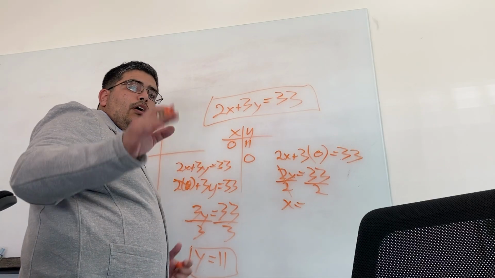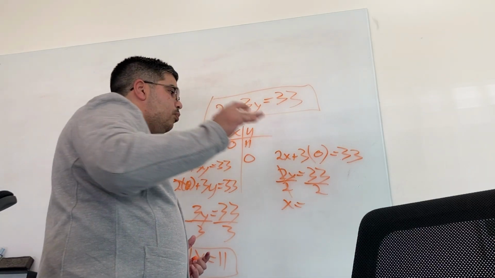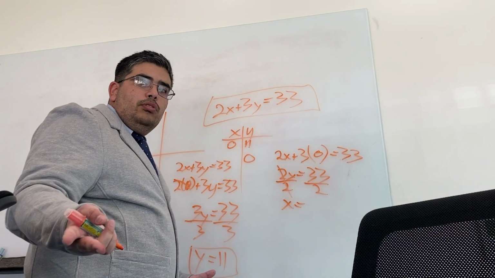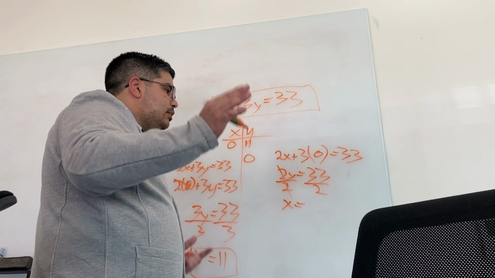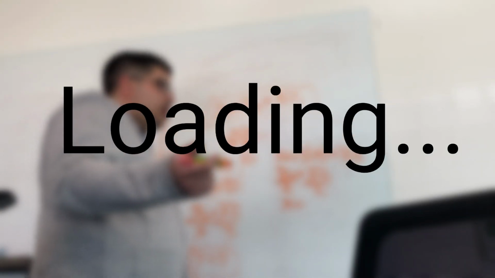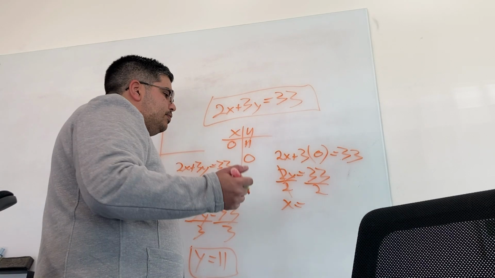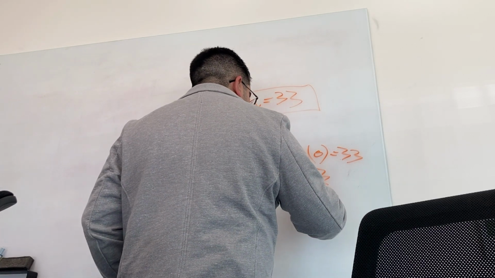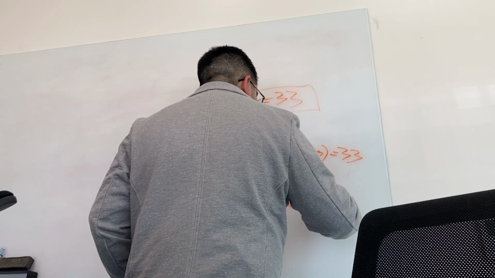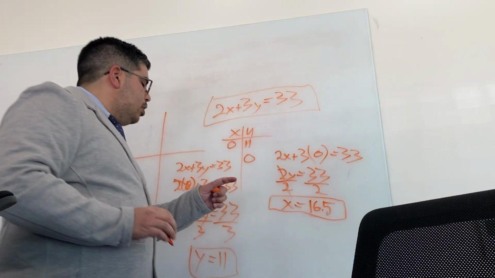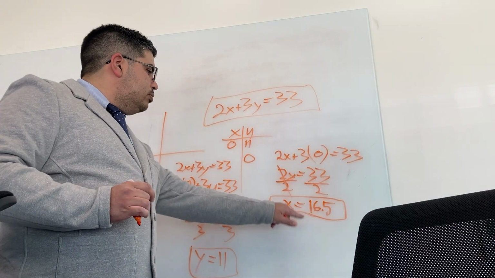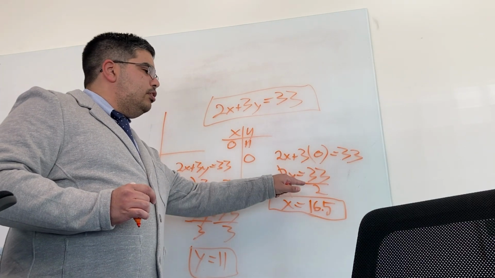So how do you do this in your head? You figure out what's 1 less than 33, it'll be 32. What's half of 32? 16. So it's going to be 16.5. X equals 16.5. So we have y equals 11, x equals 16.5, which is 33 over 2.